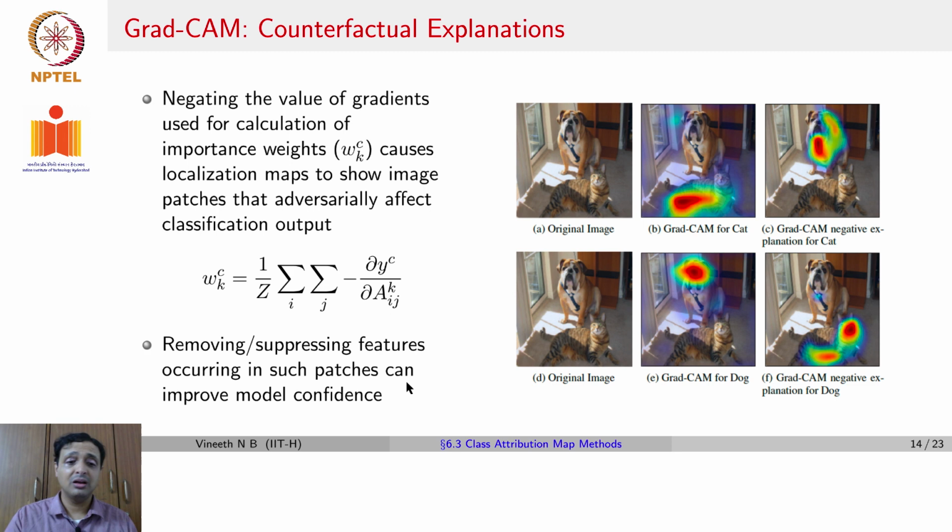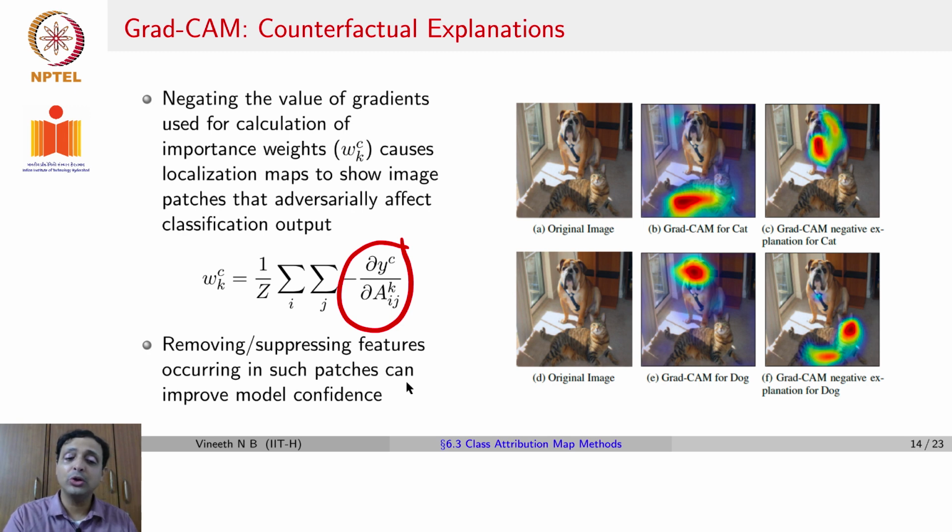And this can be done by using the exact same Grad-CAM procedure. The only difference now is to use negative gradients instead of the positive gradients, and this would tell us which weighted combination of feature maps negatively influenced a particular class probability to be high, and that would give us what are known as counterfactual explanations.